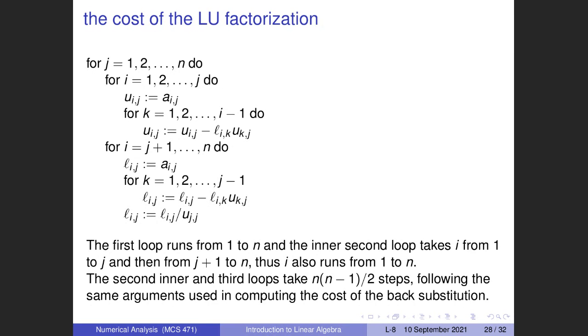We look at the innermost loop, where we get the same number of steps as we did with the back substitution. In some sense, this proof goes way too quick, but keep in mind that we have done the back substitution very carefully, so we are using the same arguments here.